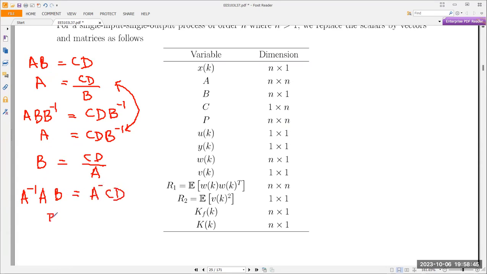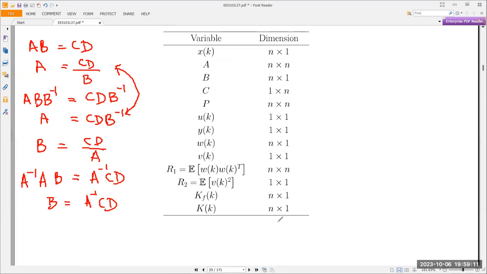Then you get B equals A inverse CD. Sometimes to me, it's just divide. Sometimes you have to invert behind, sometimes invert in front. So in practice, all the A, B, C, D can be matrix or vector, and you will get the same answer.